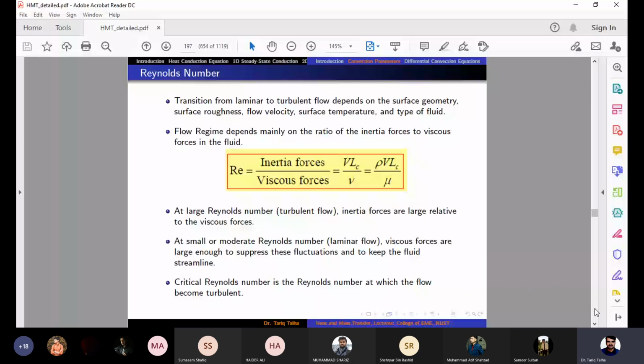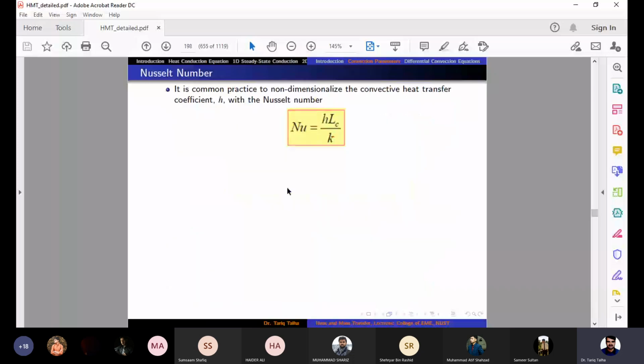Then we discussed that we can non-dimensionalize h by using hLc upon k. We can readily see that it is the same formula as we use for the Biot number in chapter 5. The only difference is that this k is for the fluid, but for the Biot number it was the k for the solid material. So here it is for the fluid.